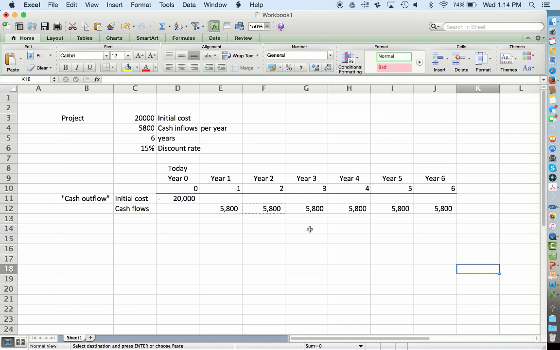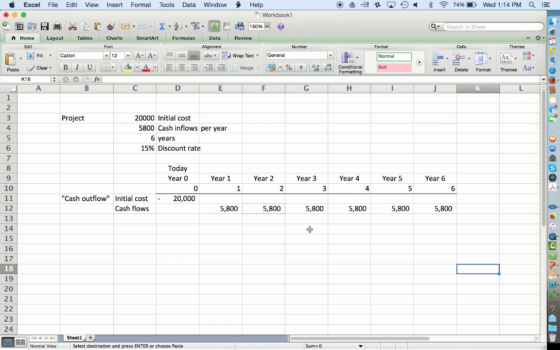Okay. Another note here. Do not shortcut this. If you guys remember from our present value work and time value of money, that $5,800 is technically an annuity. It's the same amount for 6 years. There's a different way that you could do this using an annuity formula, but I don't want you to do that, because 9 times out of 10, it's not going to be the same amount every year in reality.